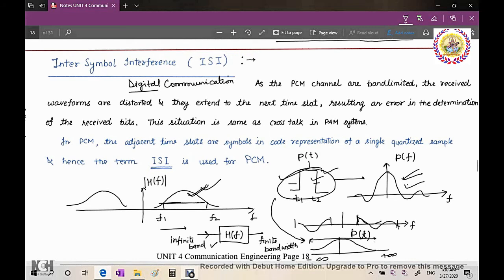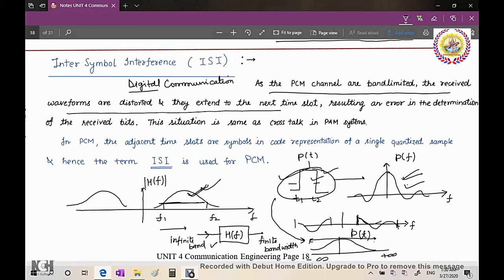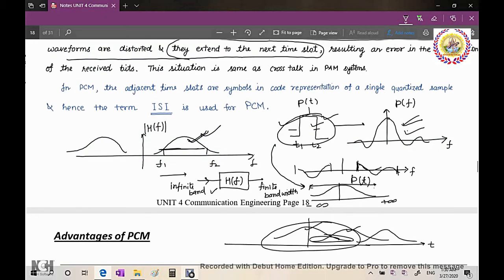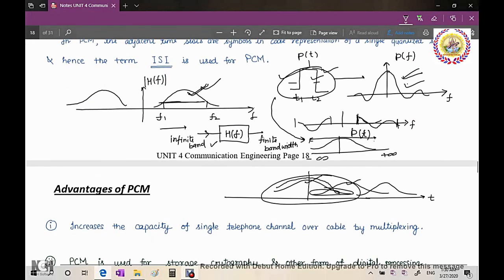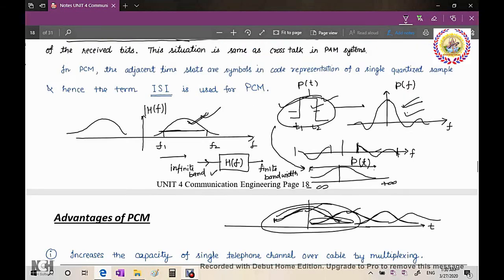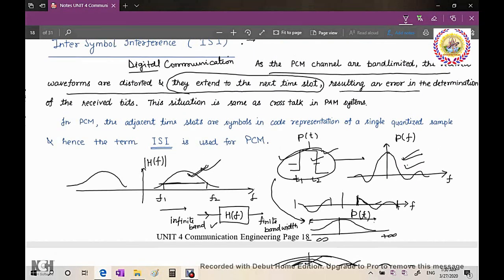PCM channels are band limited. The received waveforms are distorted and they extend to the next time slot. What I am saying is that they extend to the next time slot. In one time slot, this pulse is interleaving into another, and this into another, and so on, resulting in an error in the determination of the received bit.